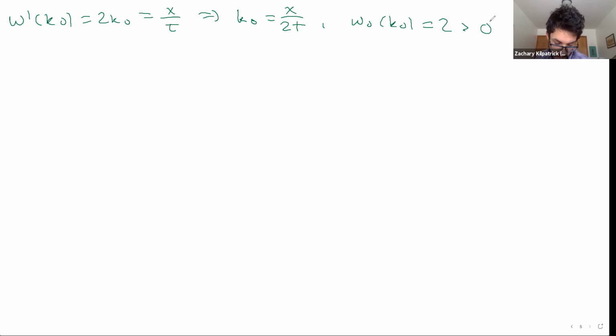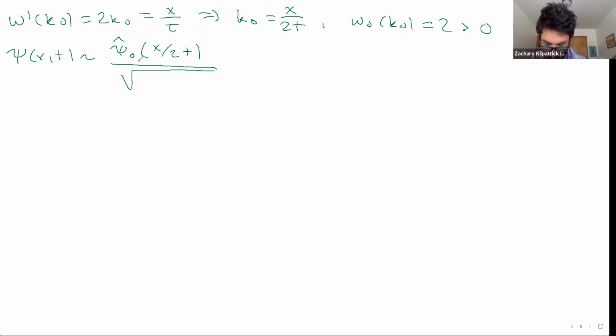Okay, so we have a non-trivial second derivative at our stationary phase point. If we again apply the method of stationary phase, remember, to leading order, we just use our amplitude evaluated at the stationary phase point, divided by the square root of 4 pi t. This is now involving this second derivative at k0.